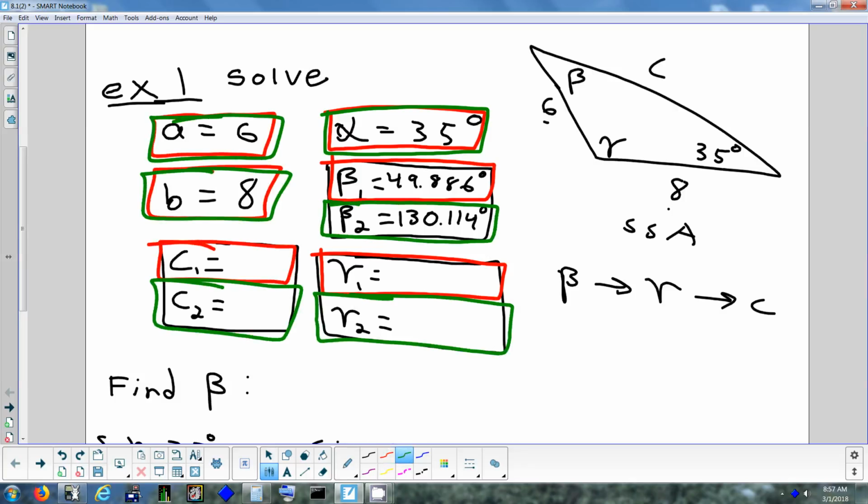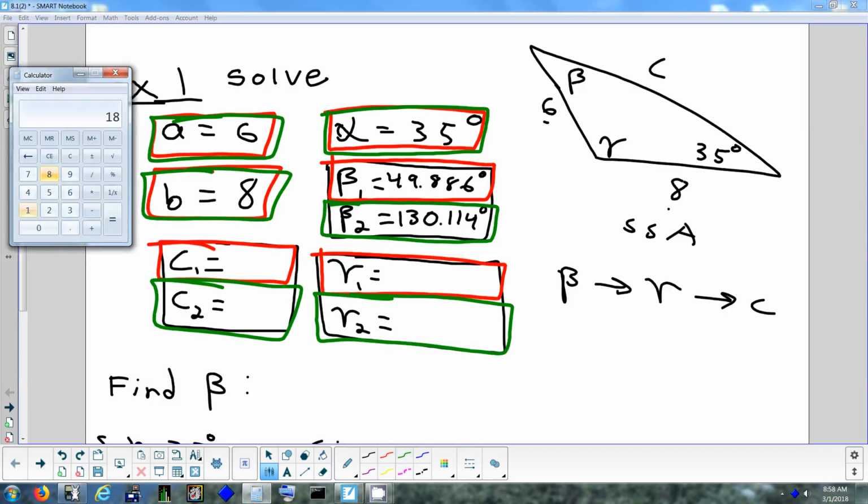We're just using the same table. So to find gamma 1, take all the angles in the red triangle, add them up, and then subtract from 180. So we got 180 minus 35 is in the red triangle, minus 49.886. So I get 95.114.